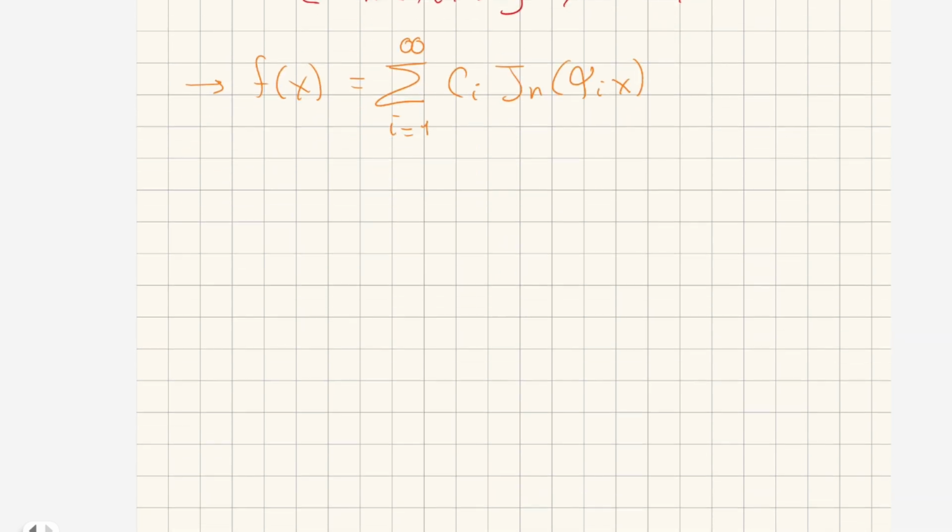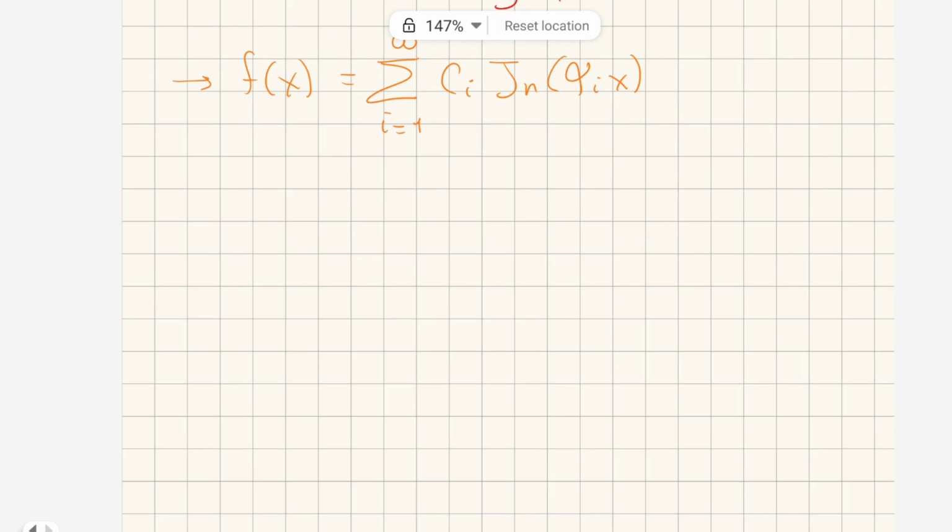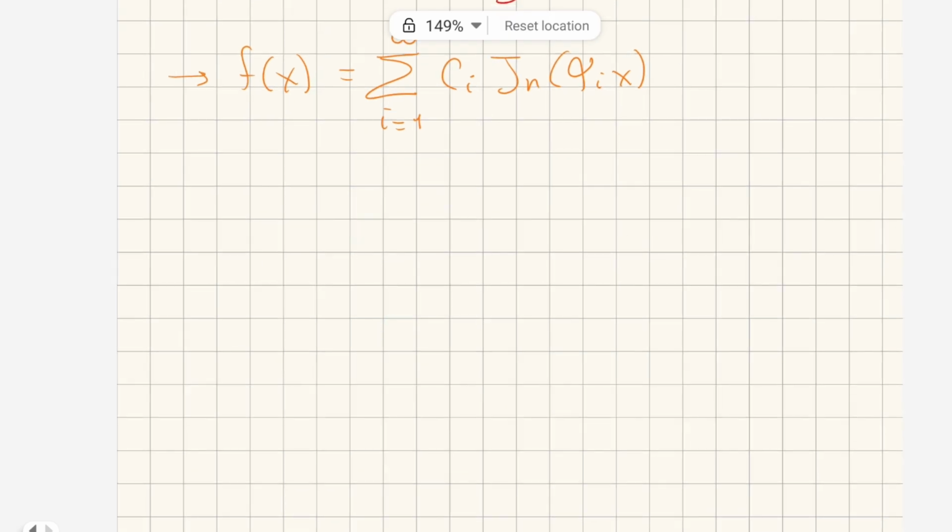Okay, so to be able to express this function f in terms of these elements, these Bessel functions, right? Well, we need to find these constants. We have made this process in that same lesson of orthogonality, but I'm going to recall that the process, well, is not very hard.